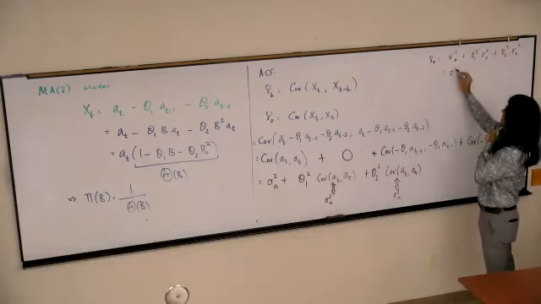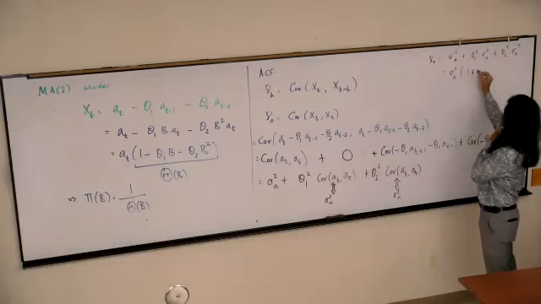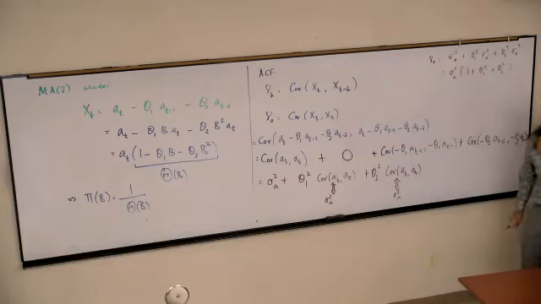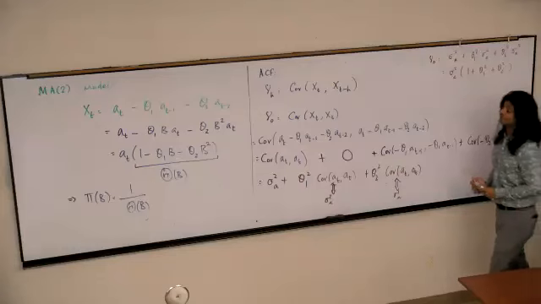Sigma squared A. Good. So that is the variance of the series.